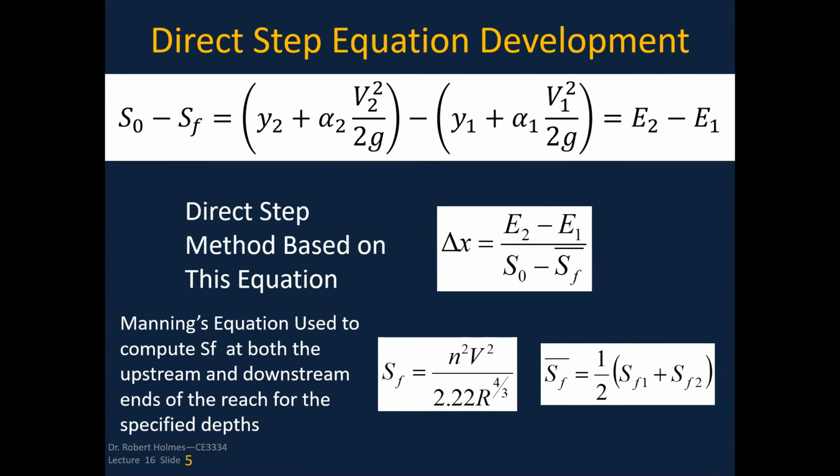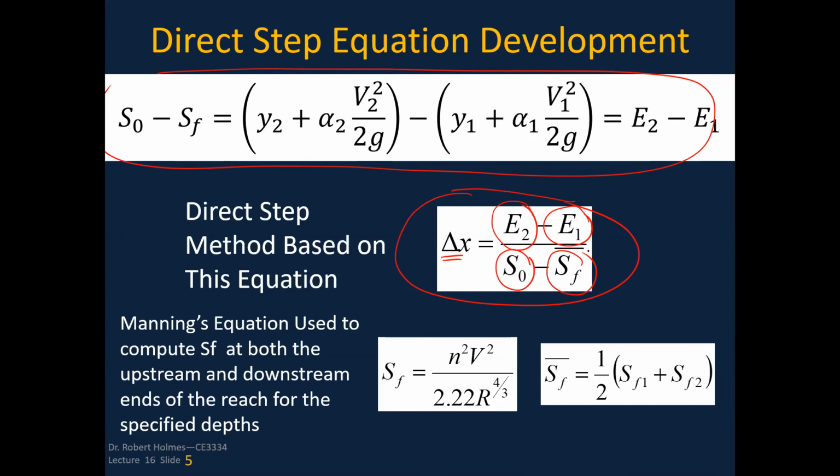Now, if you look at this, we end up coming up with the equation. So this up above is just a repeat of what I had on the previous slide. But we have the equation here that we know as the direct step method equation. And so what that says is, if you understand the specific energy at the downstream section minus specific energy at the upstream section, and you also know the bed slope and the average friction slope.